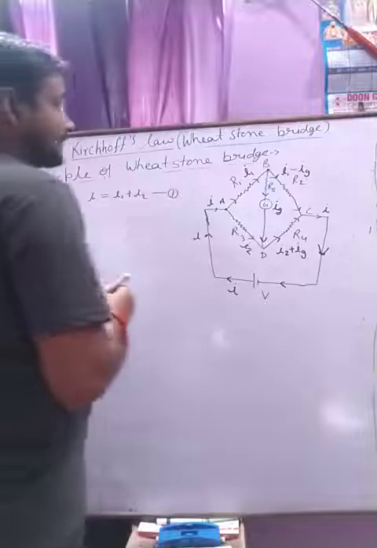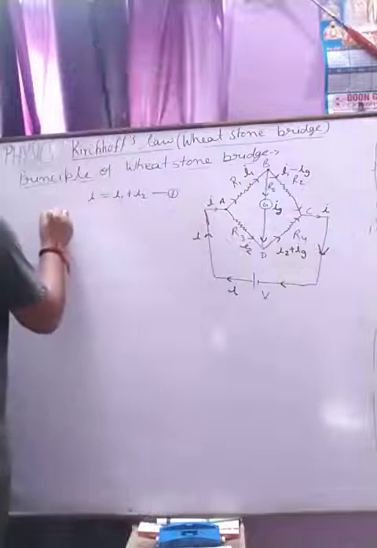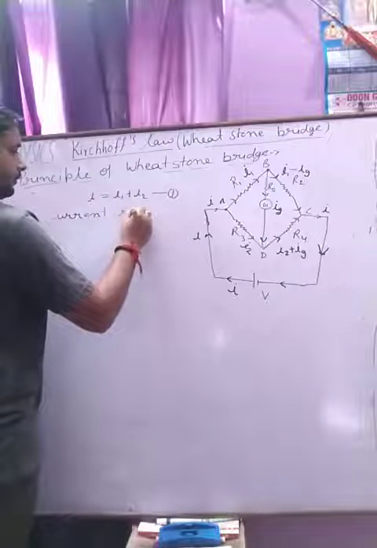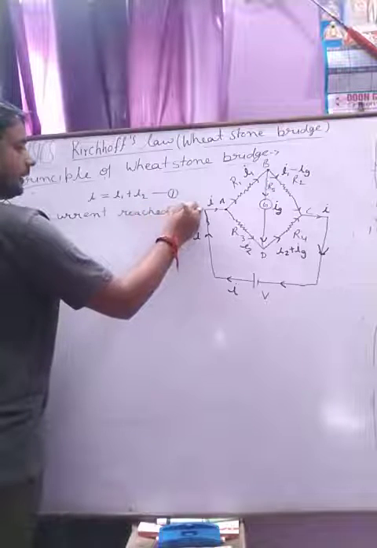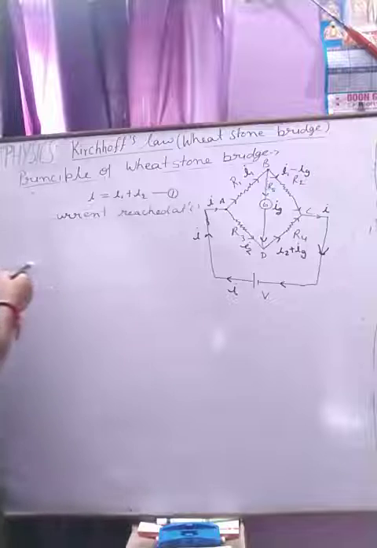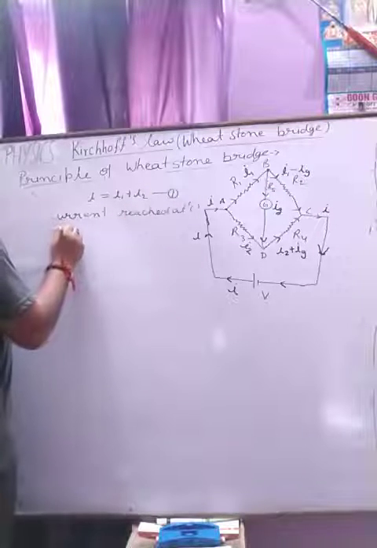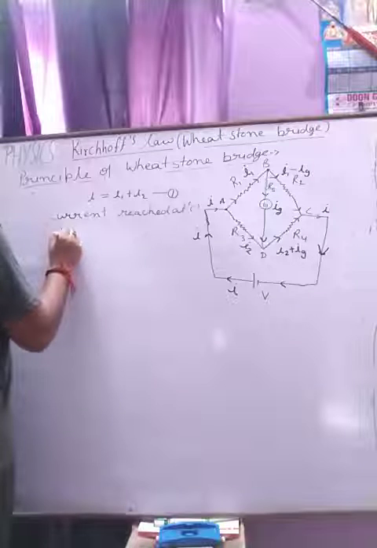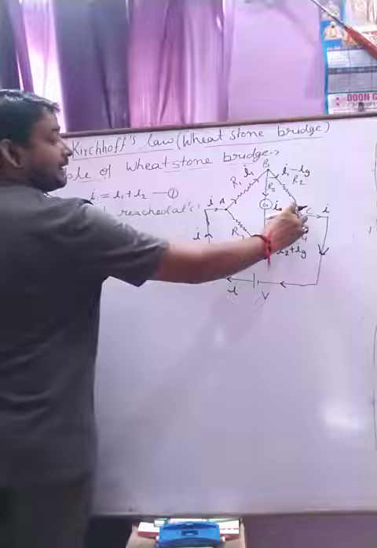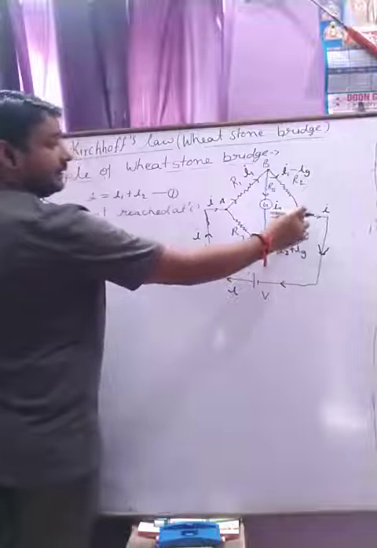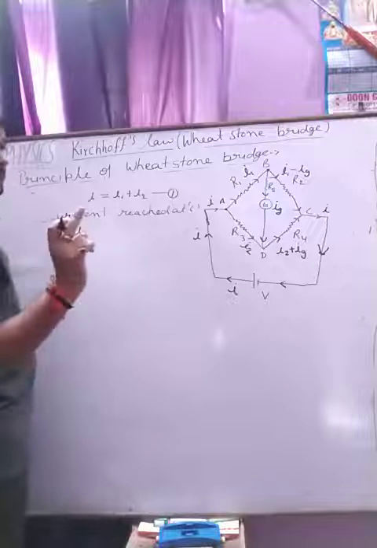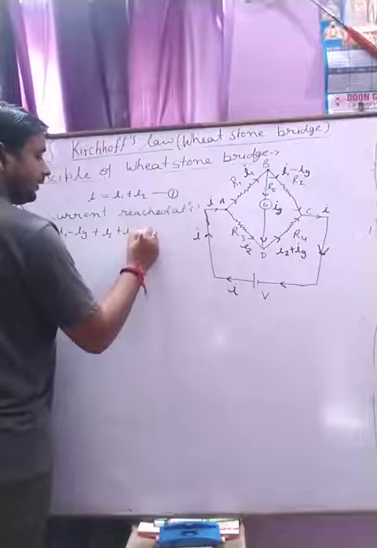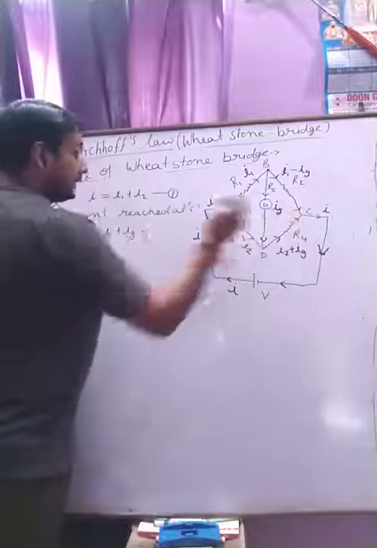Okay. Next, the current reaches at point C. So we have these two currents reaching there, that is I1 minus Ig, and the direction of reaching is through C. Reaching we said we will take as positive. So the next current is I2 plus Ig, and the current I is leaving the junction.